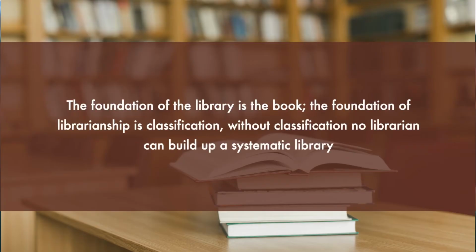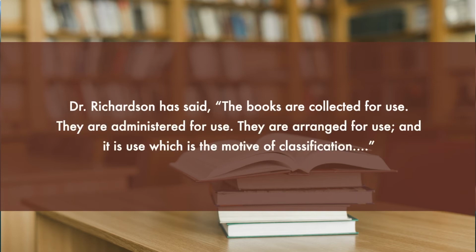The foundation of a library is the book, and the foundation of librarianship is classification. Without classification, no librarian can build up a systematic library. Dr. Richardson has said, the books are collected for use, they are administered for use, they are arranged for use, and it is use which is the motive of classification.